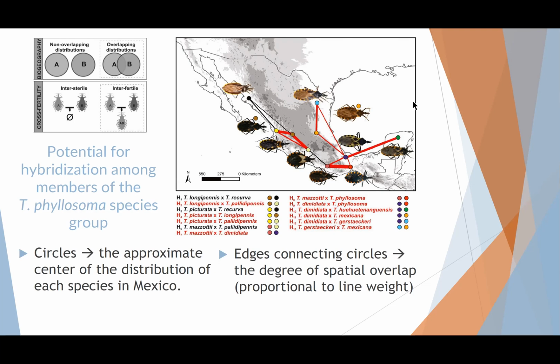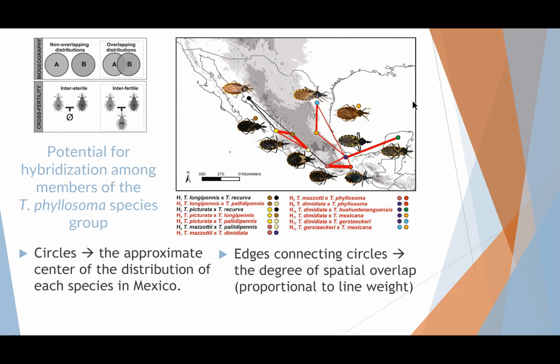In this diagram, circles represent the approximate center of the distribution of each species in Mexico, while edges connecting circles represent the degree of spatial overlap.